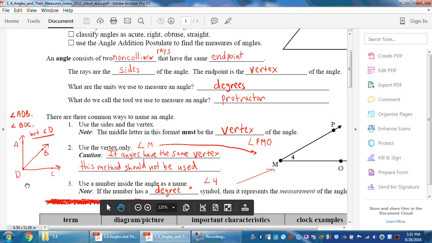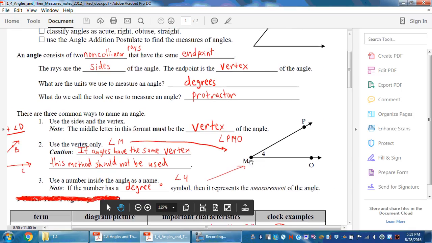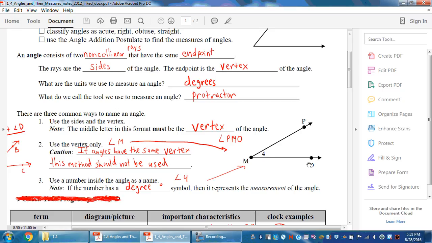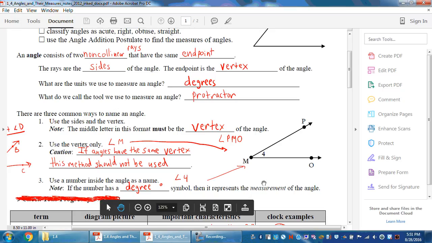So we can't call any of those angles in this picture just angle D because there's three angles that share that vertex, and if you just said angle D, we wouldn't know what angle you're talking about. But in this picture, if you say angle M, there's only one angle it could be, so we know what you're talking about. So you can name it with 3 letters, PMO. Sometimes you can name it with just one letter, just the vertex, M.